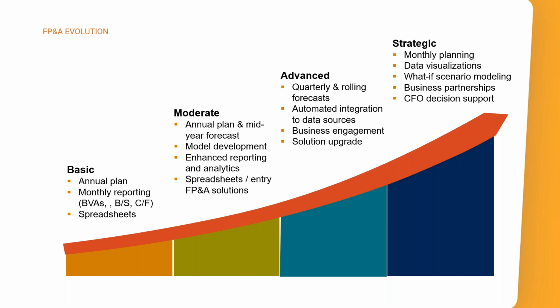As you move up into the moderate, we see organizations doing more frequent forecasting, not just the annual plan and maybe not just a mid-year forecast, but an update for a course correction at some point or repeatedly throughout the year. At this point, you're starting to develop the drivers of the business. How are these going to move through the financials? Your KPIs. And there's definitely a thought process there reflecting back on those metrics.